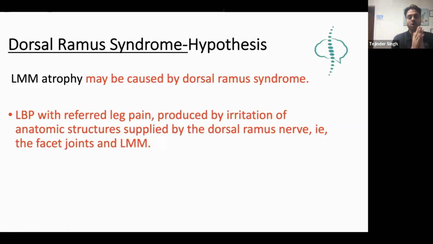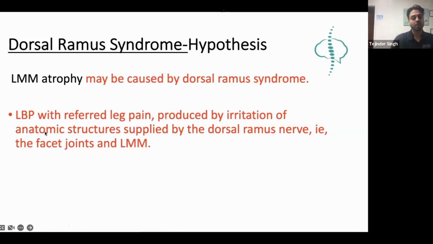So for L4, L5, the dorsal medial part of the dorsal ramus of L4 supplies the facet of L4, and also supplies the multifidus between L4 and L5. The theory says that because you have facet arthropathy, it causes irritation of the dorsal ramus nerve, thus affecting the multifidus at that segment.